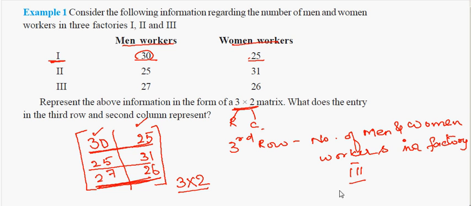There are 27 men and 26 women workers working in the third factory. Now what does the second column represent?